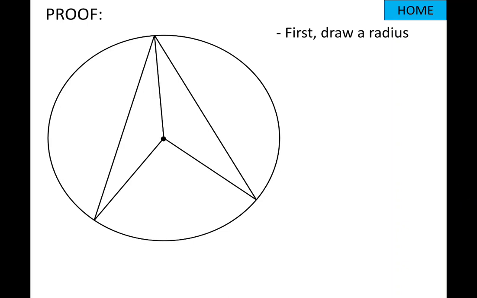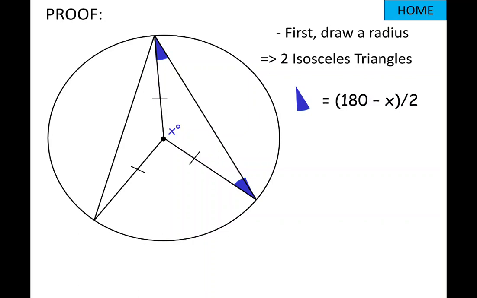First we draw radii. Now we have two isosceles triangles as well. This angle is equal to (180 minus x) over 2, and this angle is equal to (180 minus y) over 2, isn't it? Because in these two isosceles triangles, the angles opposite to the equal sides are equal as well.